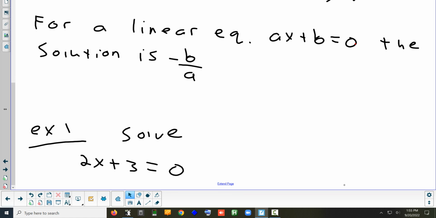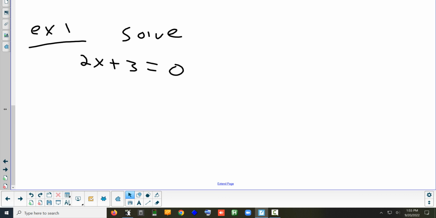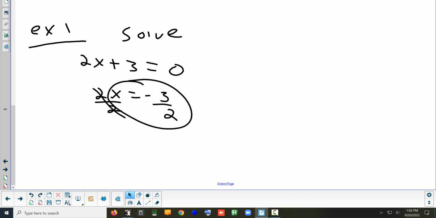Sky? Minus the 3. Yep. 2x equals negative 3, then divide by 2. So when you minus the 3, you get 2x equals negative 3, and then you divide by the 2. And there's my answer. X equals negative 3 over 2. That's the number that you could plug in for x, and it would come out to 0.